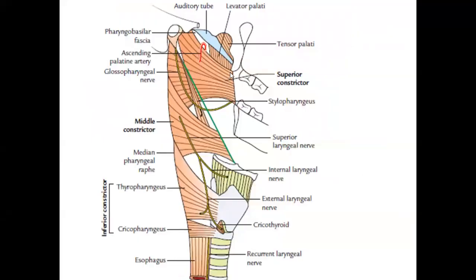Again, we'll see that the superior constrictor muscle is a quadrangular muscle which arises from the pterygoid hamulus. It arises from the pterygomandibular raphe. It arises from the medial surface of the mandible at the upper part of the mylohyoid line and the side of the tongue. It moves backwards.